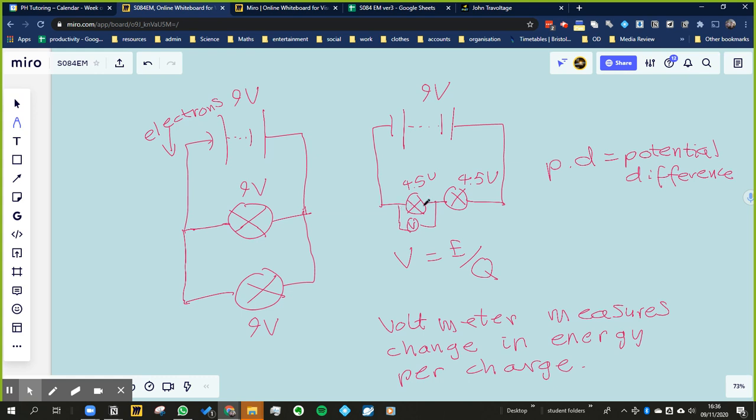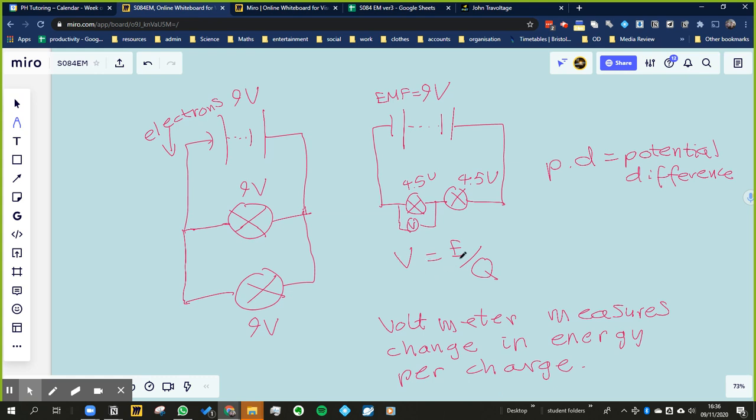So we measure potential difference across here. Often what you call this thing here is EMF. And this is why voltage can be so confusing, because there seems to be so many words for seemingly similar or slightly different types of voltage. Really, you can just get away with thinking they're all just voltage. At GCSE, you wouldn't make any mistakes there.